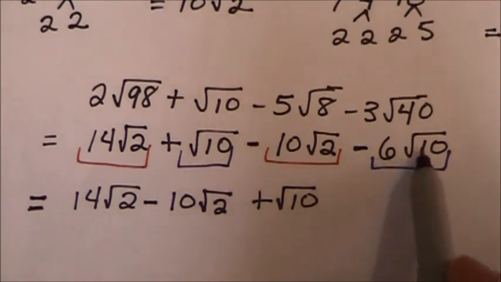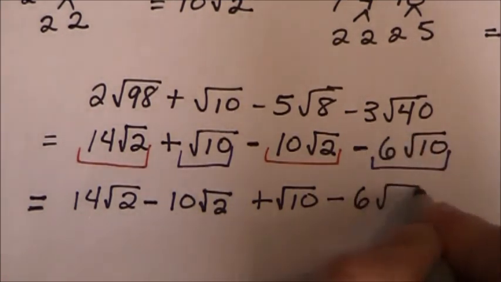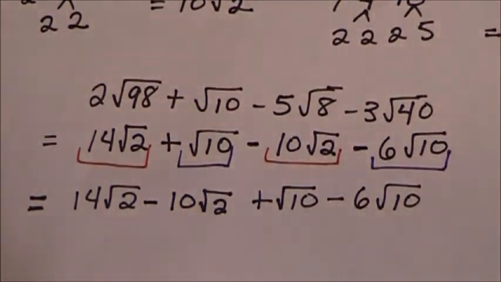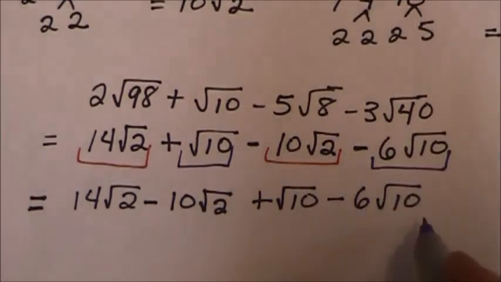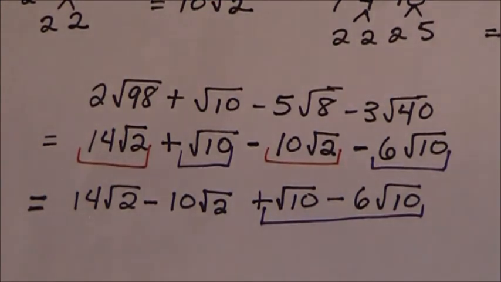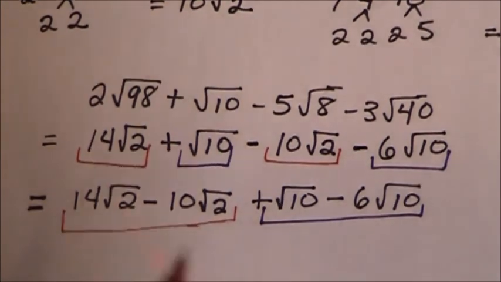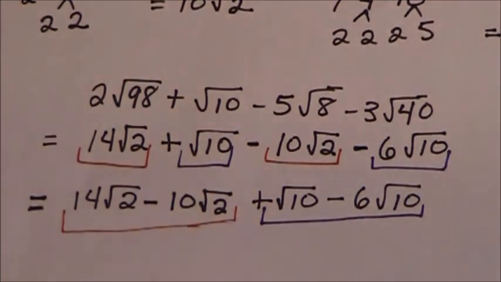And then the minus went with our 6 square root 10. So minus 6 square root 10. So we still have all of our square root 10s together. And we still have all of our square root 2's together. And the signs in front of each of those numbers has not changed from the previous line, just the order in which we wrote them.